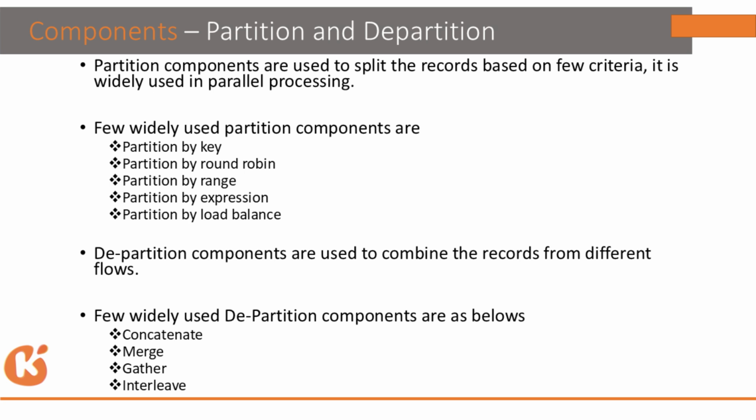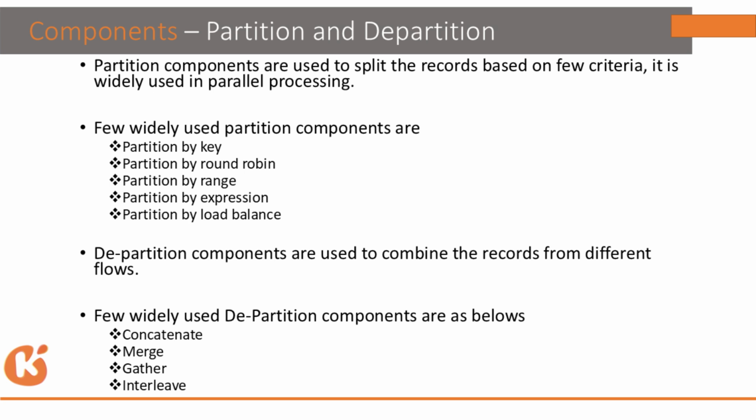Physically, if you open it, there will be four different files, but we logically combine them and on the whole see it as a multifile. To convert the serial file into a multifile, we use the partition components.